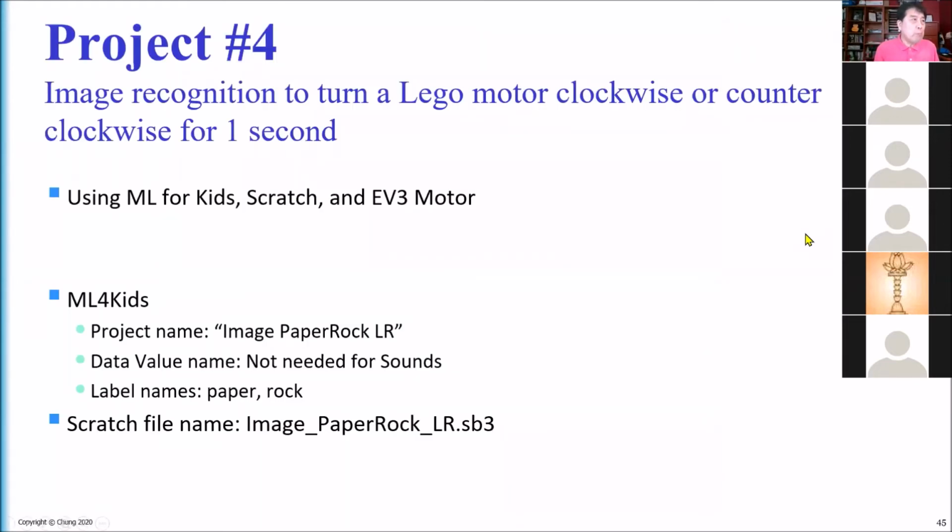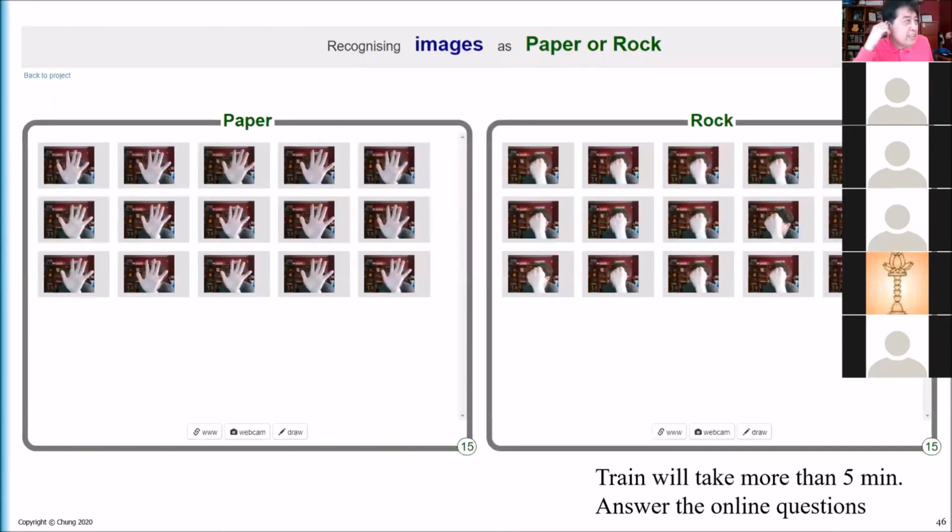Project number 4, image recognition to turn a Lego motor clockwise or counterclockwise for 1 second. So yes, we are doing image recognition. I decided on 2 simple ones. Perhaps someone can create a paper, rock, scissors game with Lego robots.